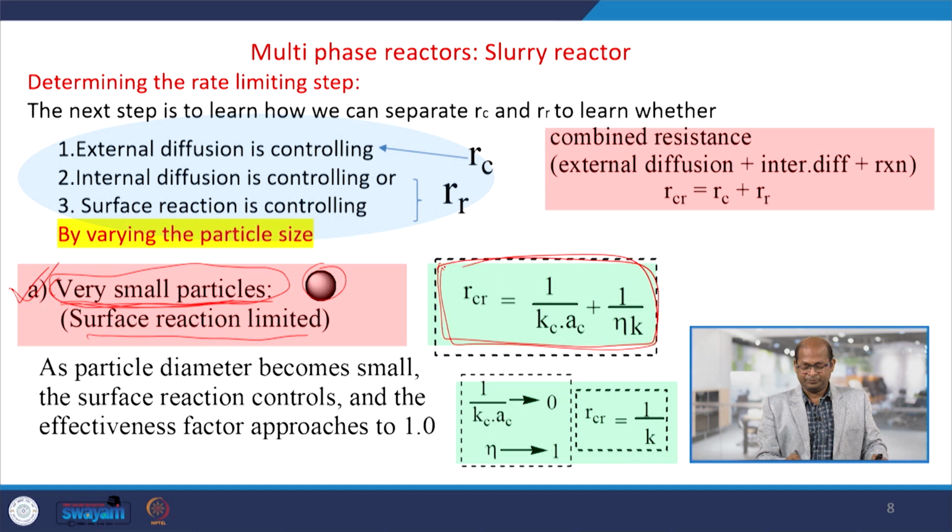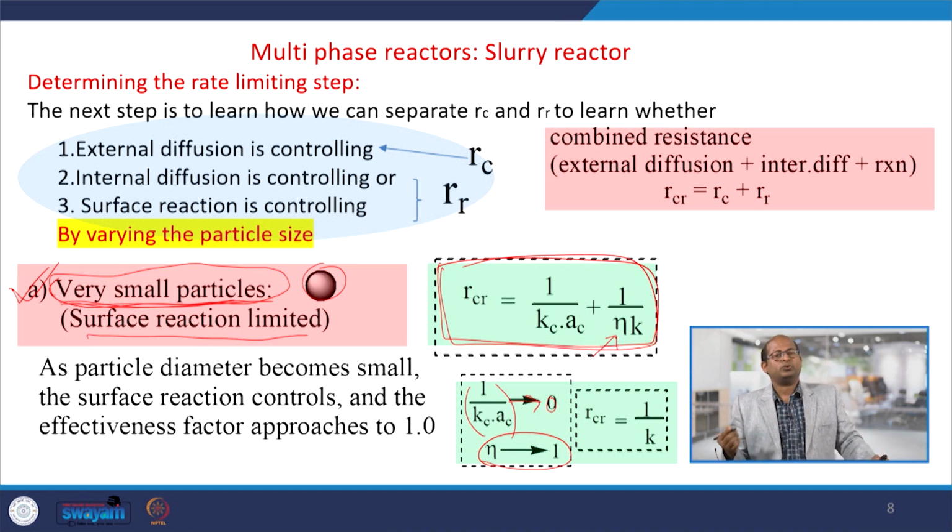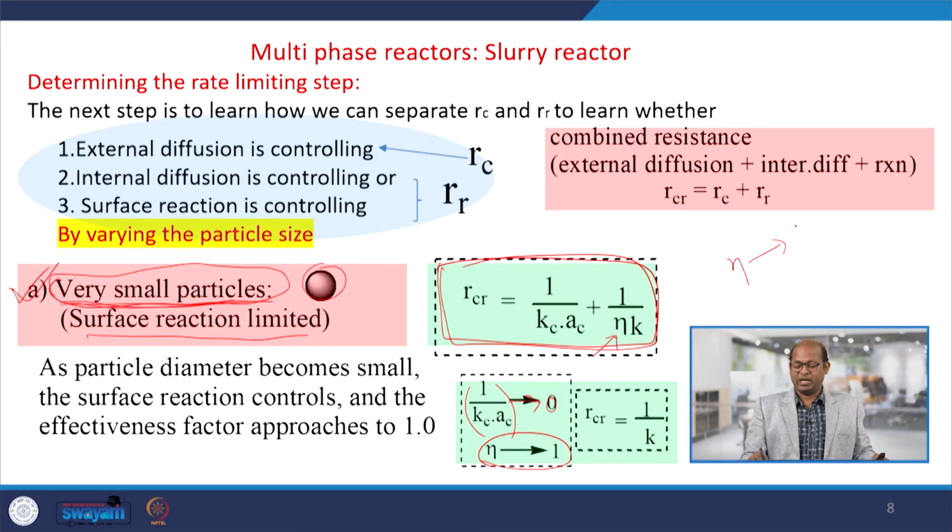So, here see, 1 by Kc Ac is close to 0, and eta is close to 1, when we use very small particles instead of a large size of particles. So, what would be the effect? The effectiveness factor would increase; this eta value will gradually increase and reach close to 1.